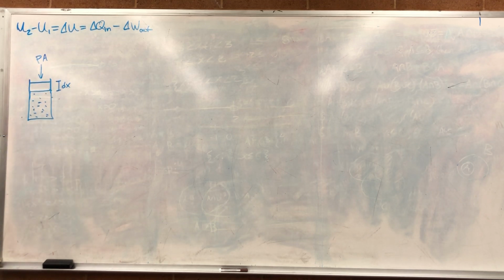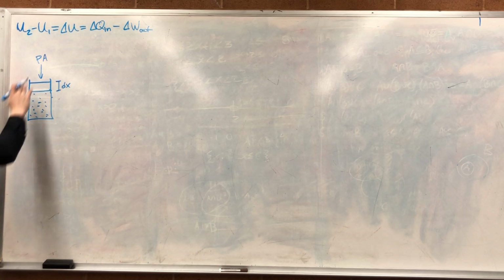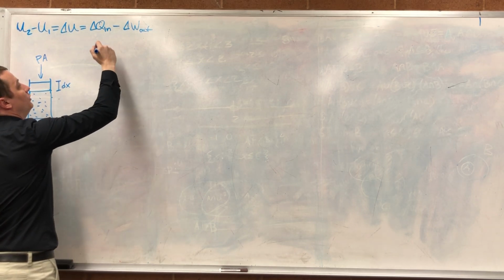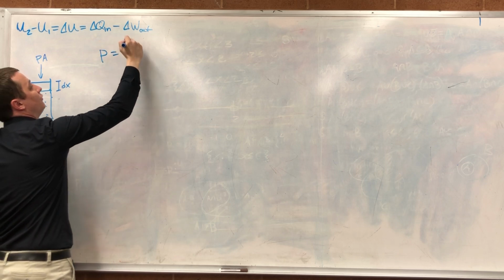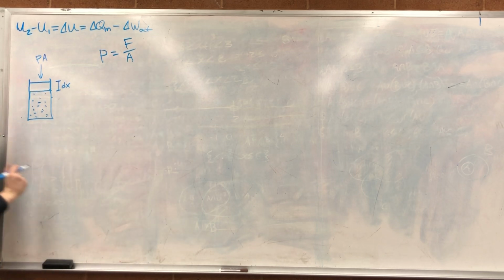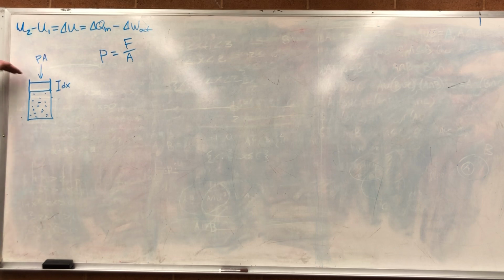Pressure times area is force. So you're used to pressure is force over area. So this cylinder has some cross-sectional area, the piston does, with some pressure being applied. Together, that's the force that was being applied on top. You good with that?